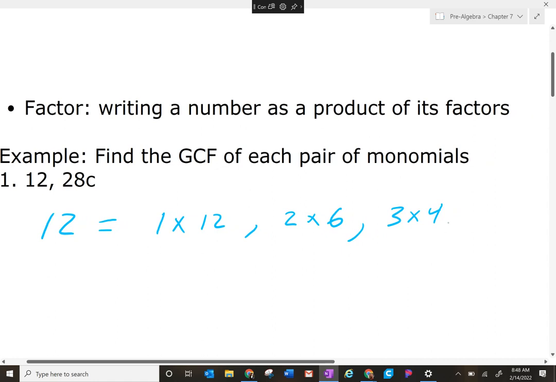And if I wanted to get really crazy, I could multiply 2 times 2 times 3, because 2 times 2 is 4, and then 4 times 3 is 12. These are all different ways that I can factor it. But I'm going to show you a little quicker, easier way. We're also going to use some exponents.